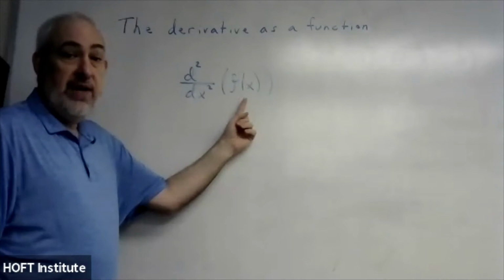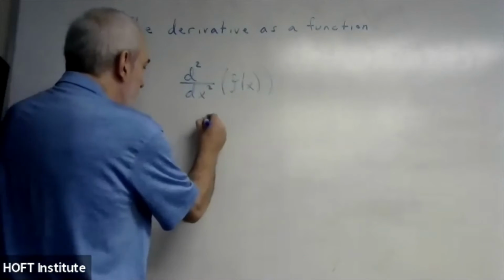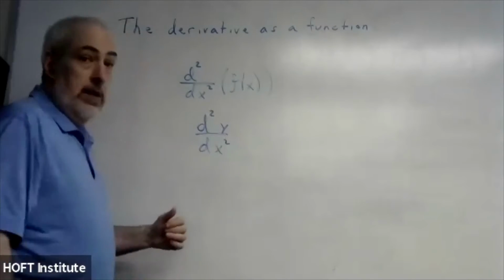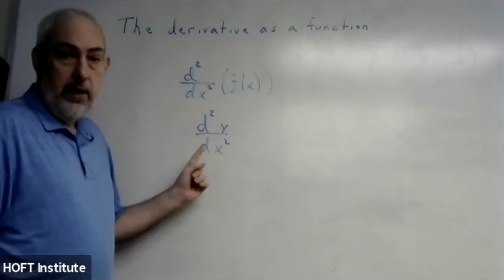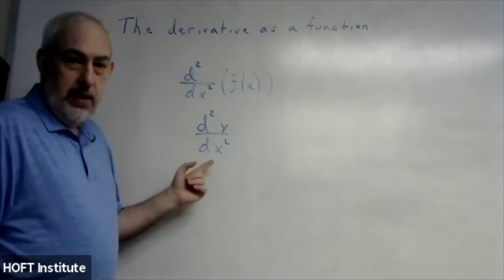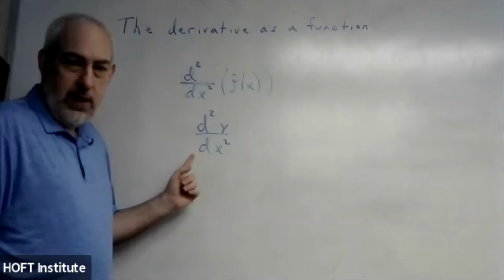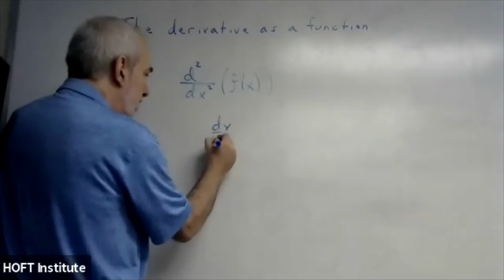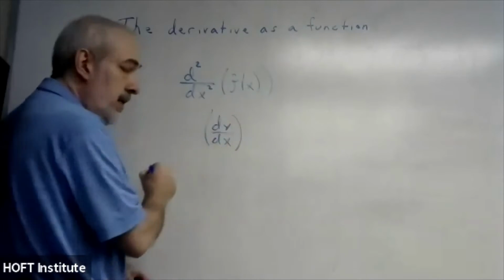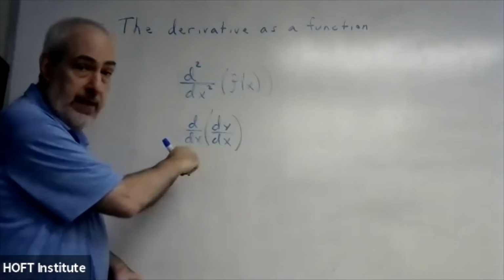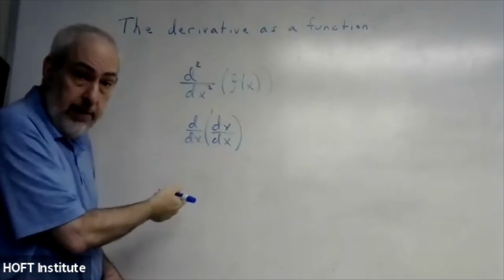Or if you just call f of x y, you would write it like that: d squared y over dx squared. The reason for this sort of notation is this is the first derivative, dy dx, and then if you're taking the derivative with respect to x of that, you'd write it this way.